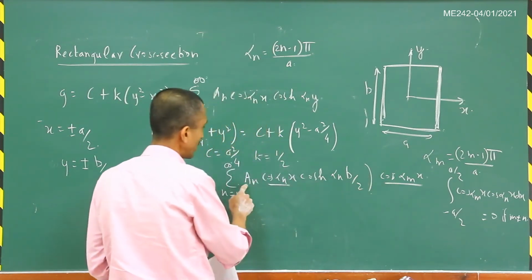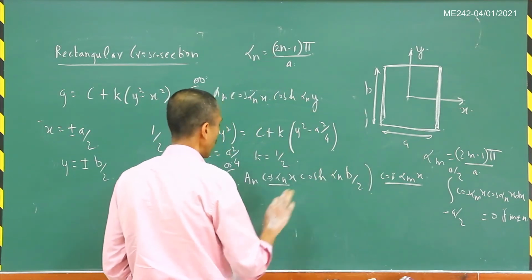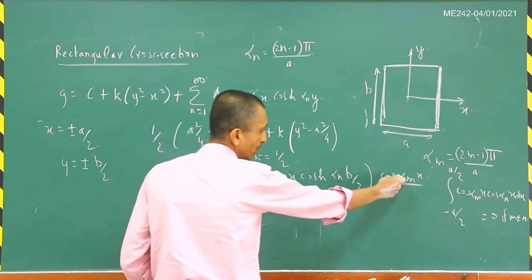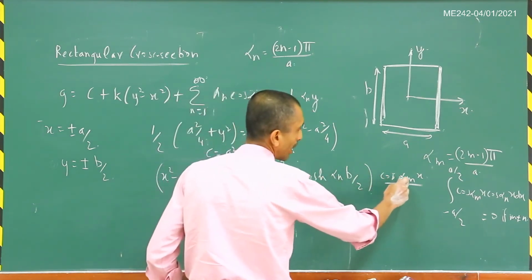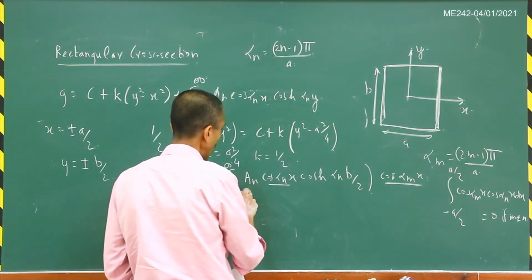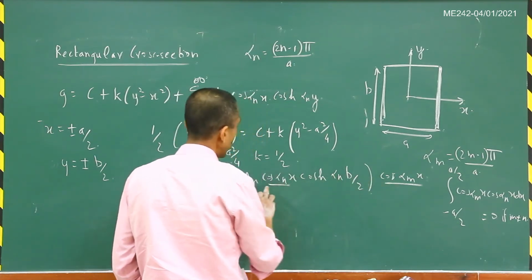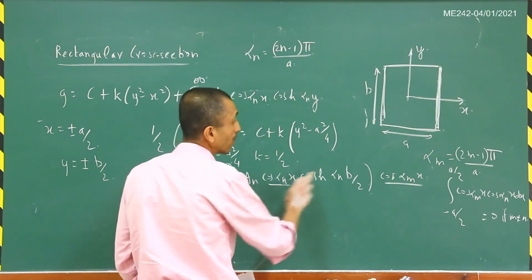Suppose n is 10, just for the sake of an example. Then for n equal to 1, you will get 0, because the integral of cos alpha_1 x cos alpha_10 x is 0. Next for n equal to 2, again the integral will be 0. So it will be non-zero only when n is equal to 10, correct?